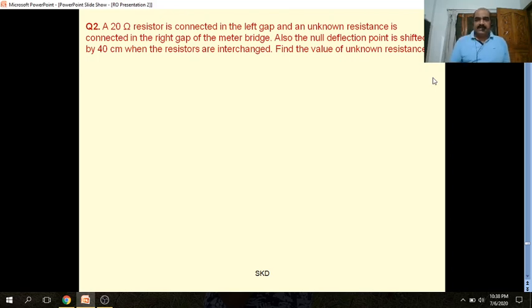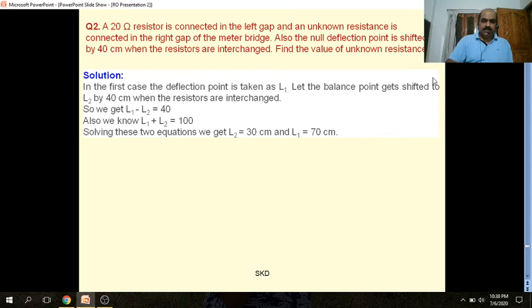Also, the null deflection point is shifted by 40 centimeter when resistors are interchanged. So, the deflection point is shifted by 40 when resistors are interchanged. The resistor in the right gap is connected to the left gap and the resistor of the left gap is connected to the right gap. So we have to find the value of the unknown resistance. So let's see what happened.